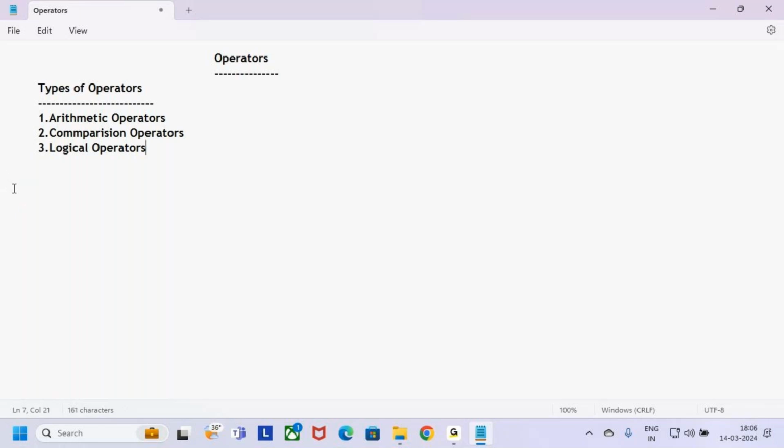For now, let me discuss these three types of operators, guys. Now let me discuss them one by one.